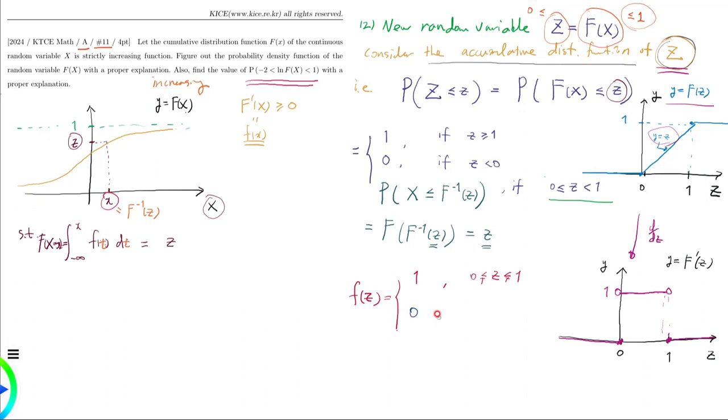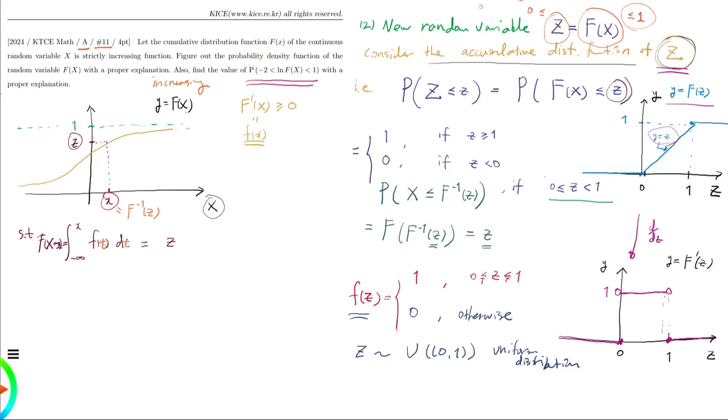And then it will have a 0 value otherwise. Actually, capital Z follows a uniform distribution from 0 to 1. Okay. So this is our first point.